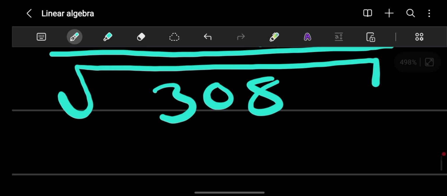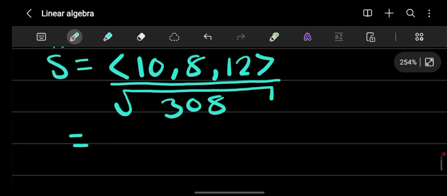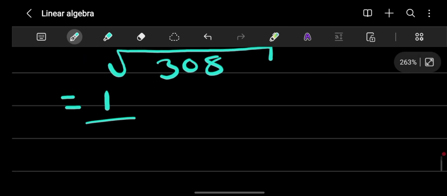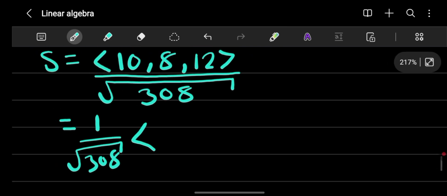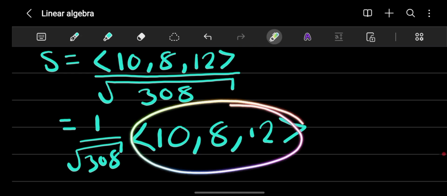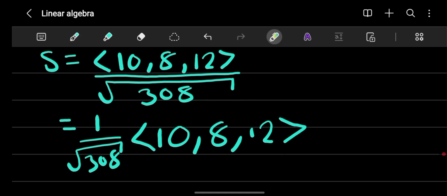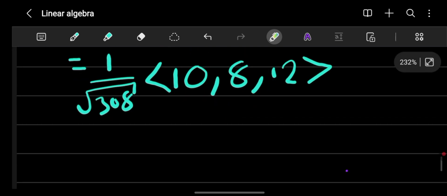Obviously you do have to show the steps. I'm not sure I have enough space to do that, so I'm writing it like this. You can write this as root 308, and then you have the 10, the 8, and 12. Taking out a common factor helps me know what vector is parallel to this.